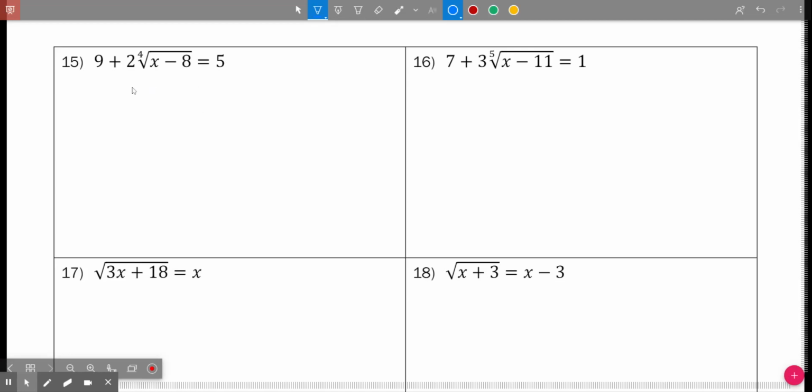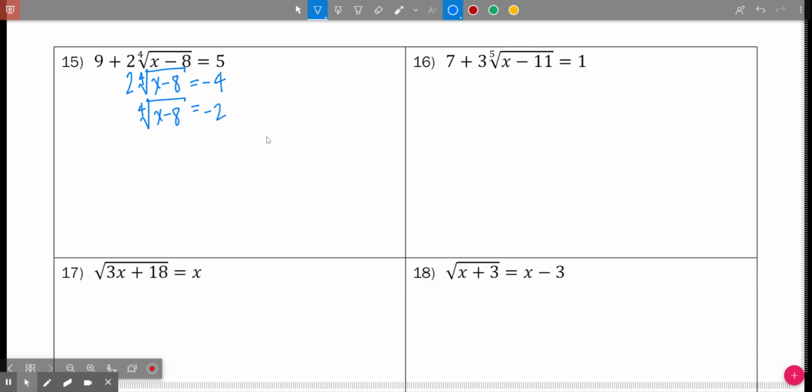In number 15, I start by isolating my radical. So I have 2 times the fourth root of x minus 8 is equal to 5 minus 9, which gives me negative 4. I divide both sides by 2. I have the fourth root of x minus 8 is equal to negative 2.